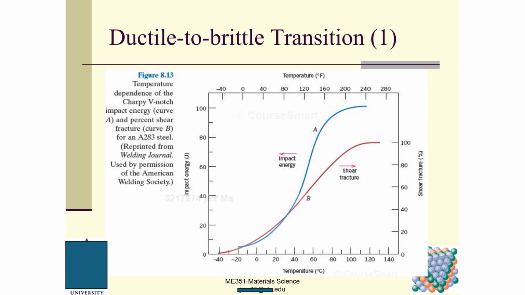Based on this figure, what conclusion can we get? If we lower the temperature, we are going to lower the ductility of the material. The ductility is kind of equivalent to impact energy or toughness. That means it is much easier to break if we lower the operating temperature.